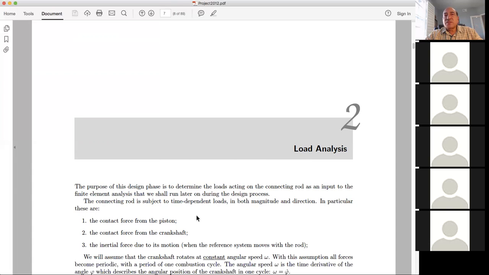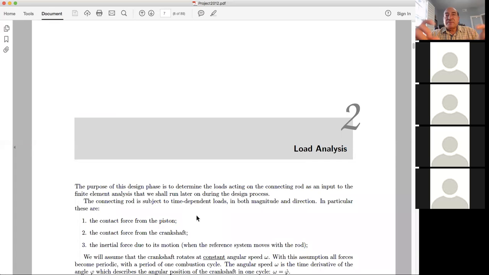And then once we do that, we have to use our knowledge from the course to select the material, and then we use our knowledge to draw shear force diagrams and bending moment diagrams, from which we're going to analyze the connecting rod initially as a beam.